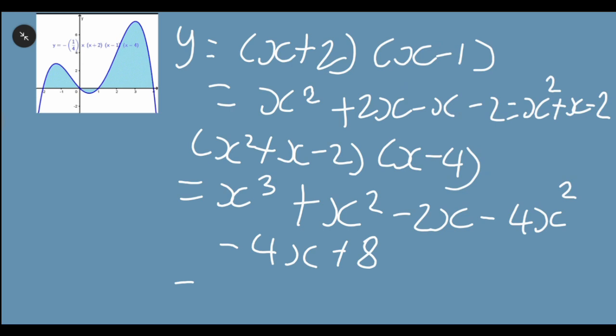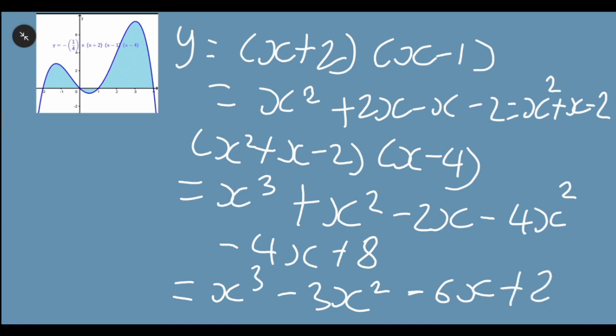Now let's add all of these together. It's going to equal to x cubed minus 3x squared minus 6x plus 8. And we have to times this all by negative 1 over 4.